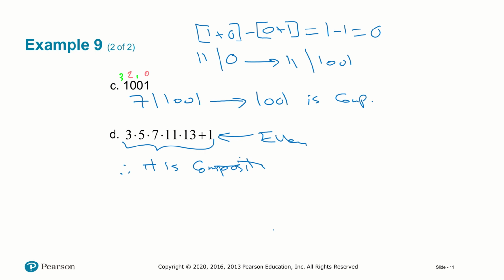So therefore there's at least that one other factor that they're divisible by, so they're composite. 2 is very special, remember that. Why? Well, it's the very first prime number, right?